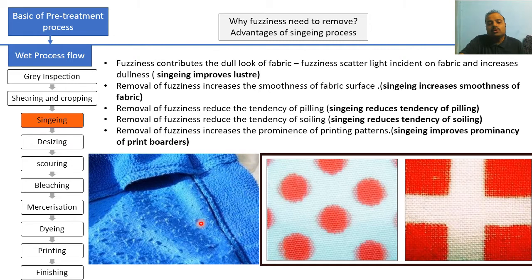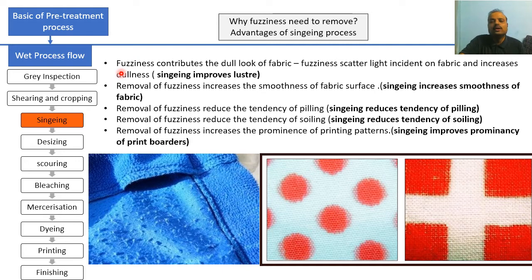If one wants the fabric not to become soiled frequently, in that case fuzziness has to be removed. And if someone wants their printed pattern edges to look sharper, right, in that case removal of fuzziness is necessary. So by this time you understand why this hairiness or fuzziness needs to be removed.